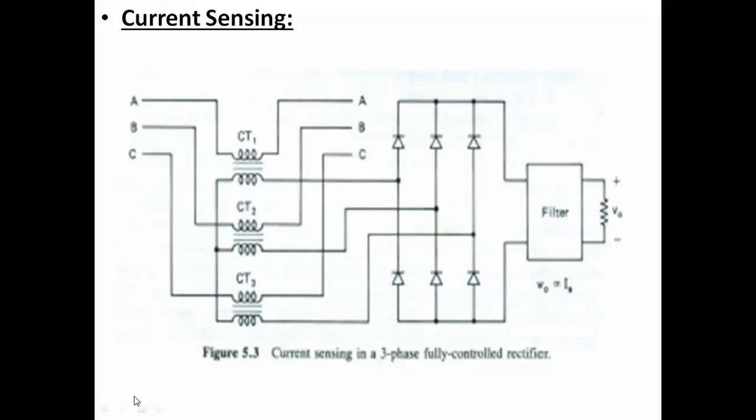The first method involves the use of a current sensor which uses the Hall effect. It also has the ability to sense the current direction, whether it is in the forward or reverse direction.